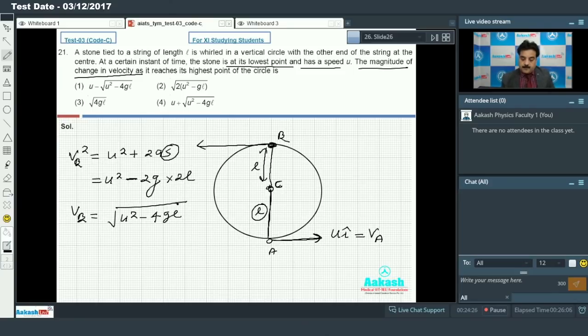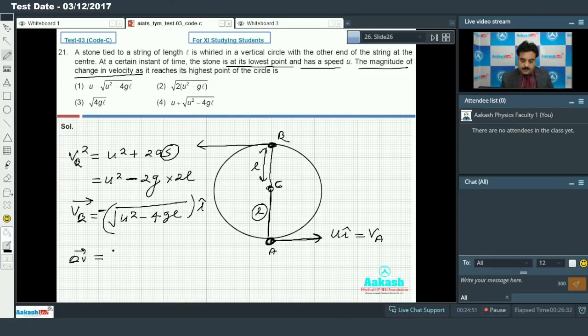4gL. But if I represent in terms of vector, so vector v is along i cap, but यहाँ पे हमने इनिशियल पॉइंट A पर लिया है, तो राइट साइड विल बी पॉजिटिव x एंड लेफ्ट साइड विल बी नेगेटिव x. So we'll write here minus root of u square minus 4gL i cap, and I need the change in velocity.